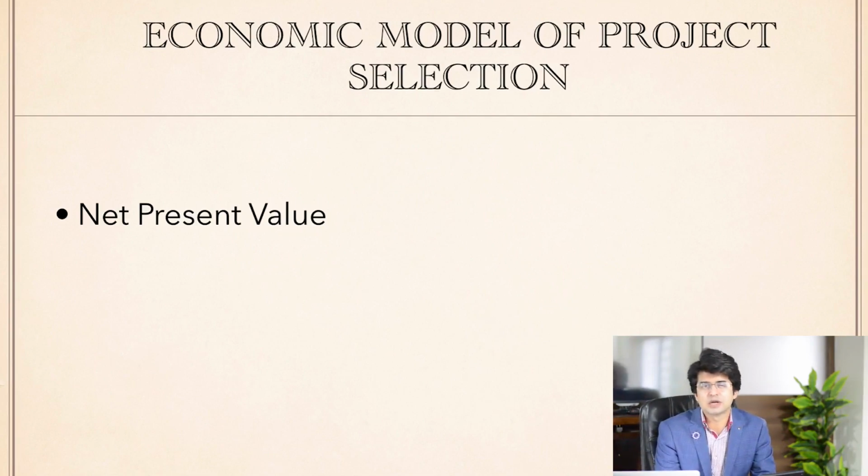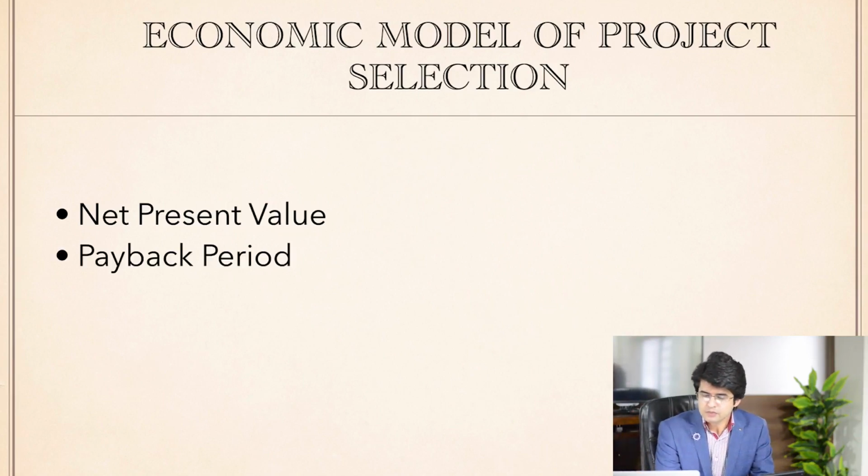So if I give you project A with net present value of positive $45,000, and project B with net present value of positive $85,000, and I ask which you would prefer, of course you will select project B with $85,000. So the rule to keep in mind is that the project with the bigger net present value will be selected.